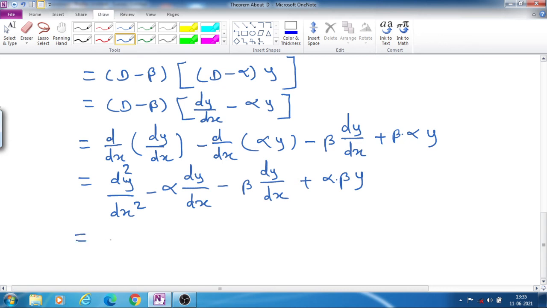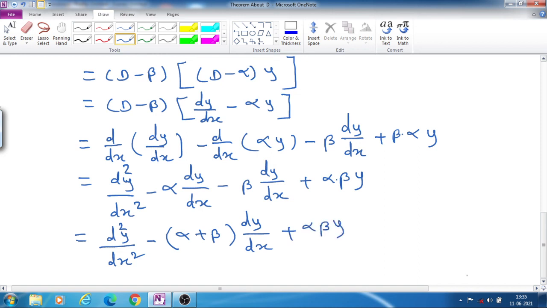Again here we get d2y by dx square, and dy by dx is common and minus is also common, so we write minus into the bracket, alpha plus beta, into dy by dx, plus alpha beta y.